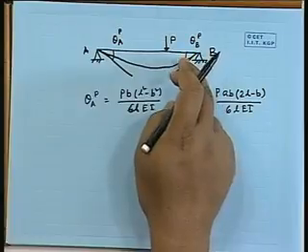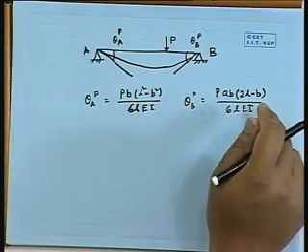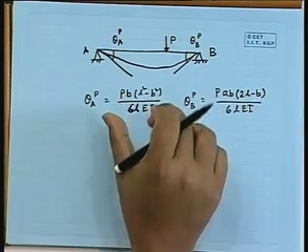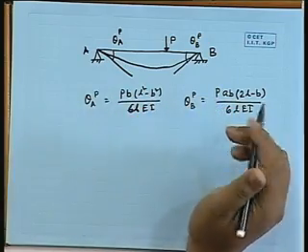Now this is the rotation at this end. I want to change this expression a little bit, because A plus B is equal to L. Now the numerator part I want to keep entirely in terms of A B. Denominator will be L, because some part is A, some part is B, and if we express that, you will find the expression will be more or less similar. So it will be identical expression.